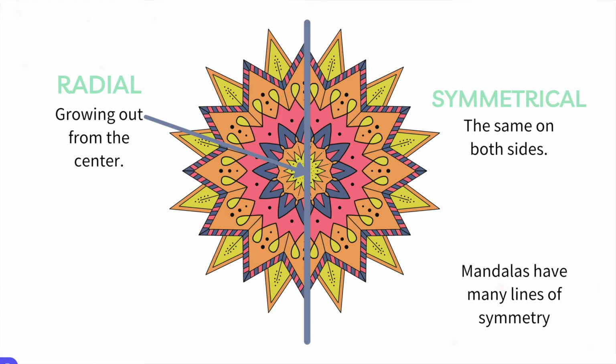So if we were to fold it in half, it would be the same. Mandalas have many lines of symmetry. Since we're making our mandalas out of natural materials, they may not be perfectly symmetrical or perfectly geometric, but this is the basic idea that mandalas are based on.